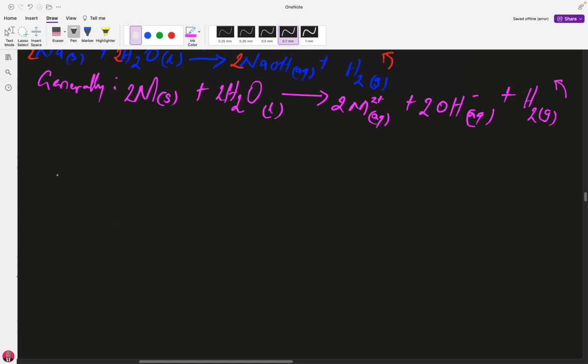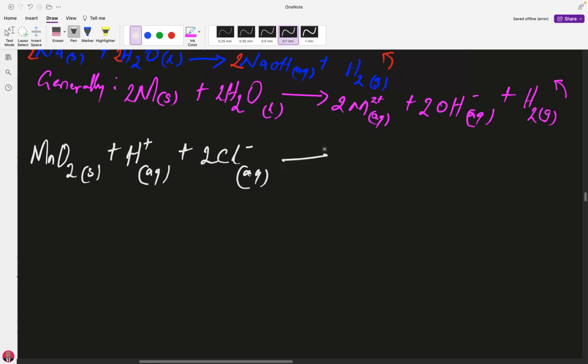This is manganese(IV) oxide, plus in acidic solution, that is aqueous hydrogen ions, usually from hydrochloric acid, plus the chloride from sodium chloride, 2Cl-.